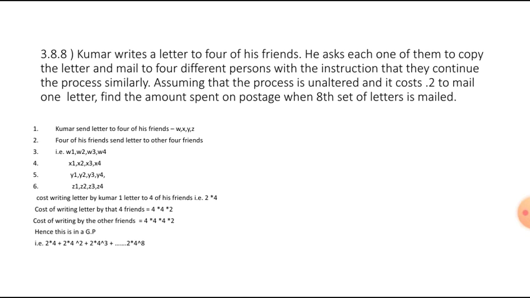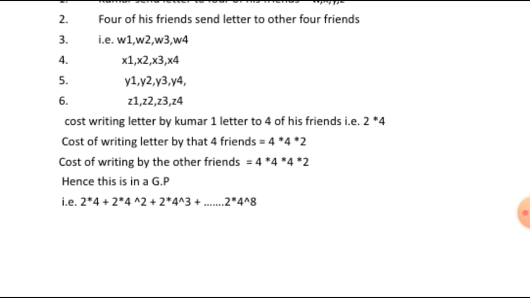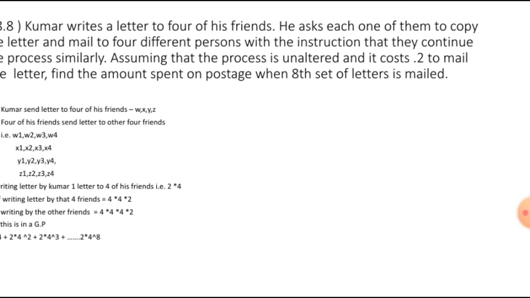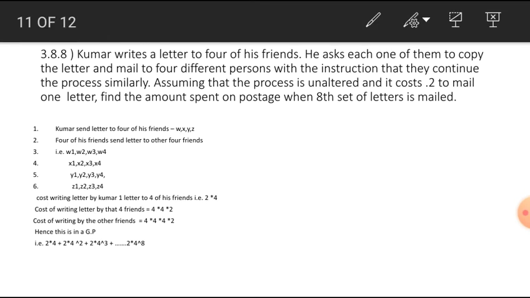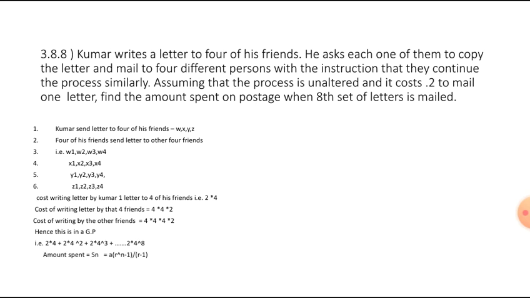So we get a geometric progression: 2 into 4 plus 2 into 4 square plus 2 into 4 cube, and so on up to 2 into 4 power 8. We apply the sum of the series formula to get the amount spent on postage when the 8th set of letters is mailed.